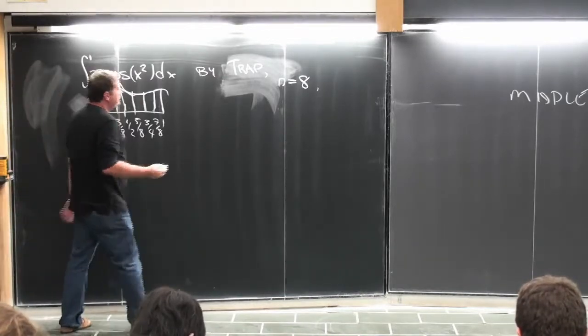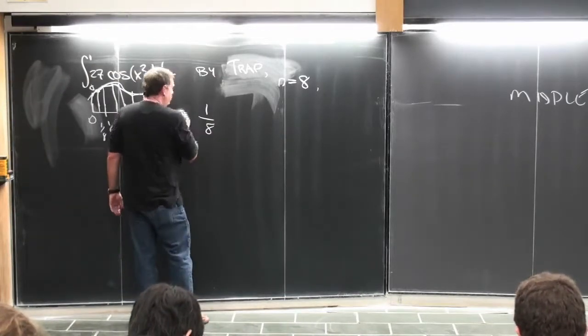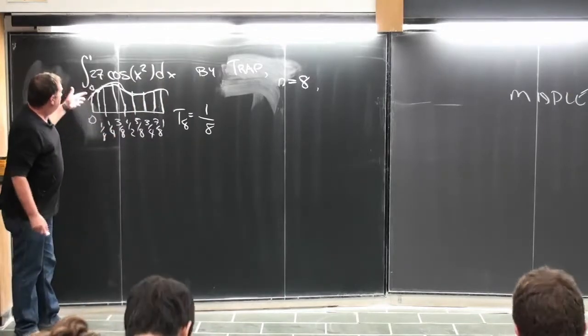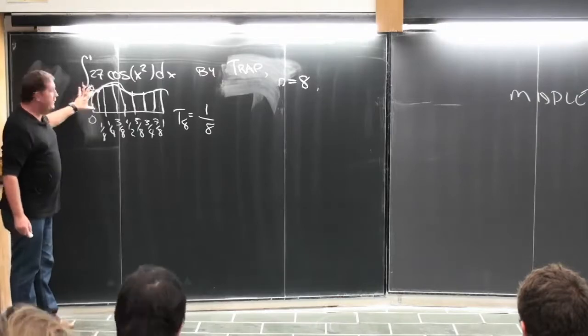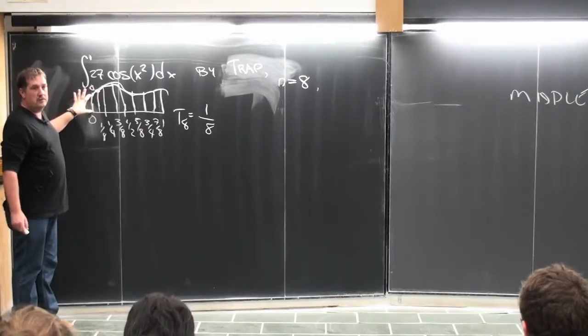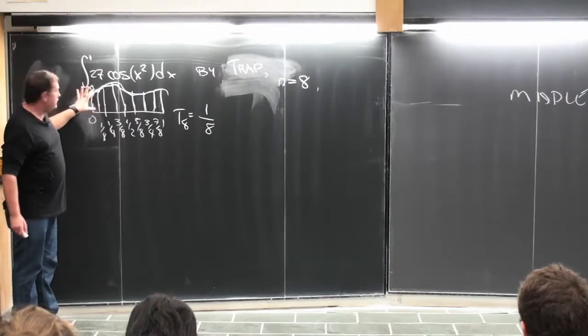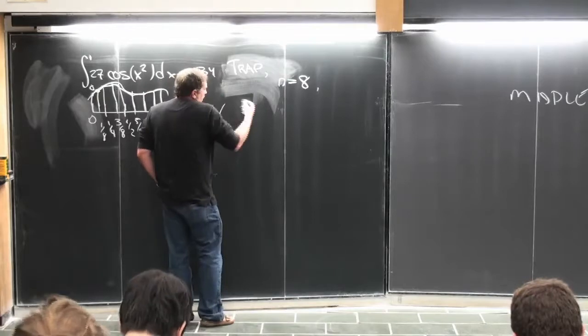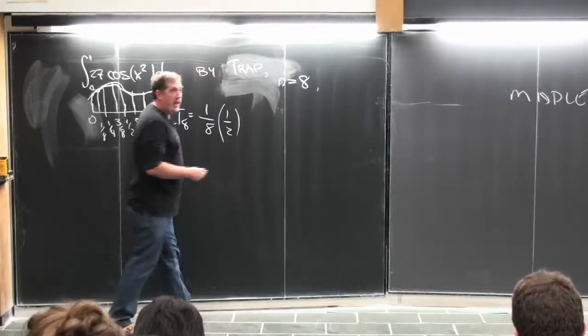So the width of each of these things is 1/8. And the area of each of these is this side plus this side over 2. So the height is however long this is plus however long this is, over 2. Since they're all over 2, I might as well take a half.